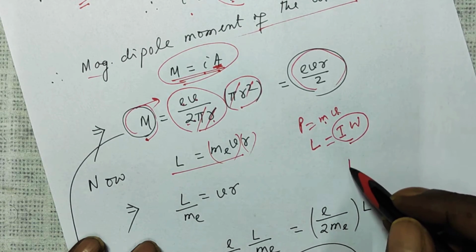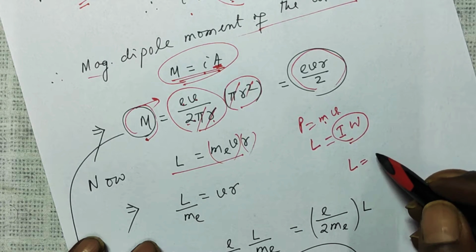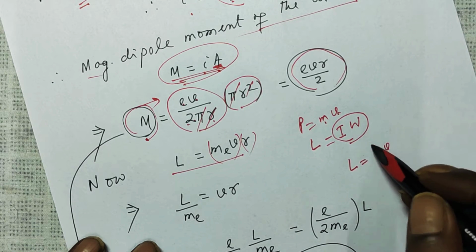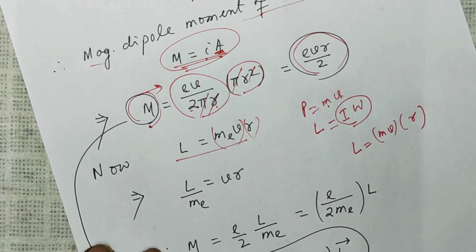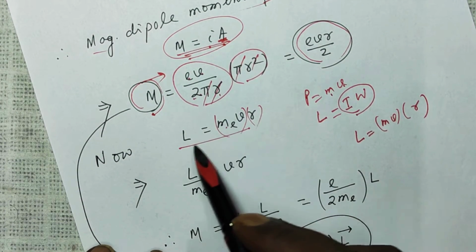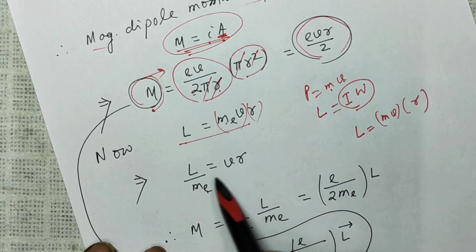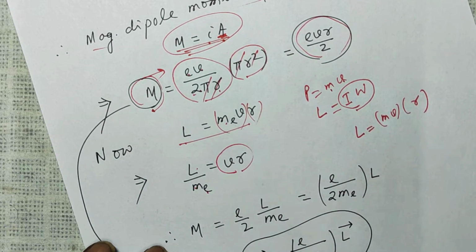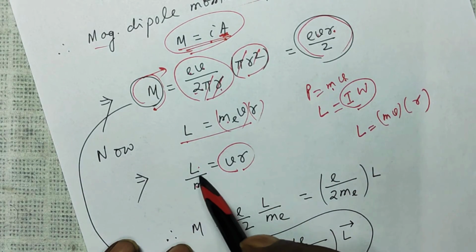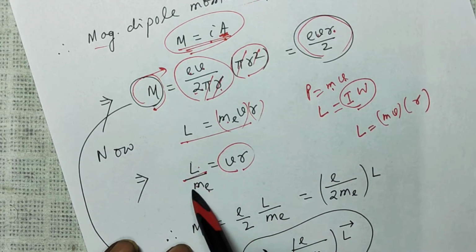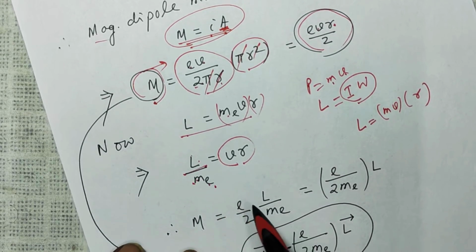There is another expression also. L is equal to the momentum times the perpendicular distance, that is r. So m comes to this side, mass of the electron, so we are left with vr. Here for vr, I can substitute angular momentum divided by mass of electron.